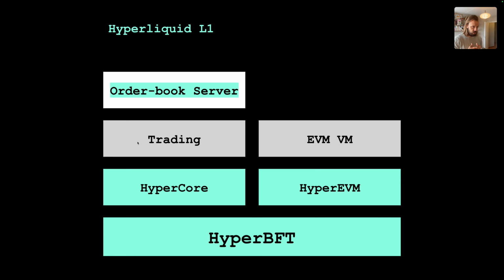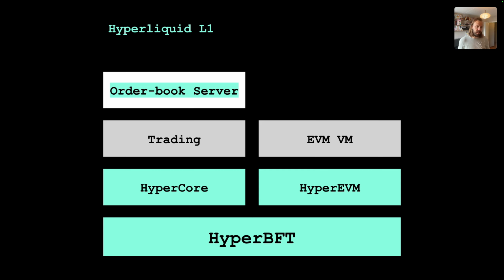Today, what we're going to talk about is the Orderbook server, which is an open source piece of software that sits next to a Hyperliquid node. And by connecting via WebSocket, you can stream the data that's being produced by the Hyperliquid node.